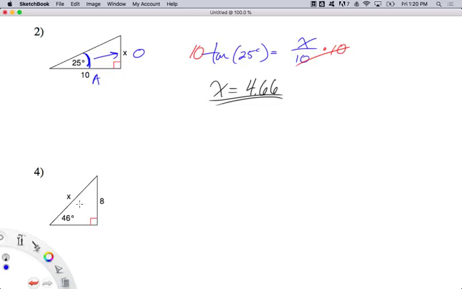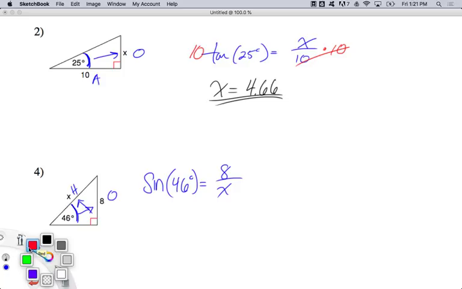Again, I'm asked to solve for a side. I identify my angle. From that angle, I identify my sides. That's opposite. This is opposite the right angle, so that's hypotenuse. Which trigonometric ratio uses opposite and hypotenuse? Sine. Very good. Sine of 46 degrees equals opposite, which is 8, over x.